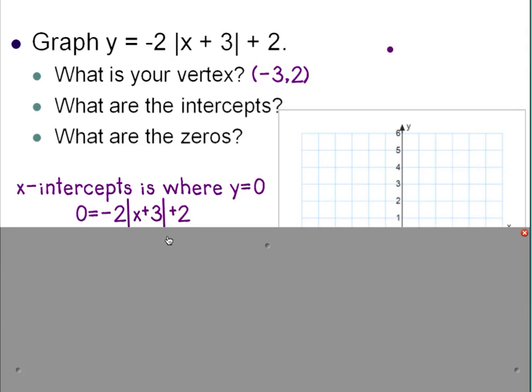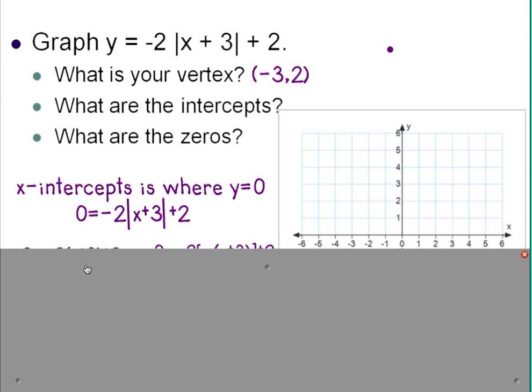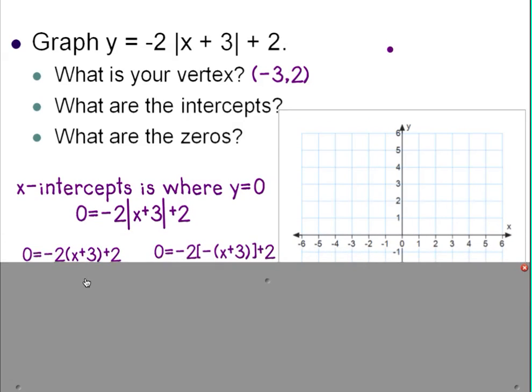And remember that this comes from two functions, or two lines, so that we have to use a piece of each of them. So the two parts that we're going to look at are going to be, we're going to look at when we put in x, and whatever number is in here is just a positive number.